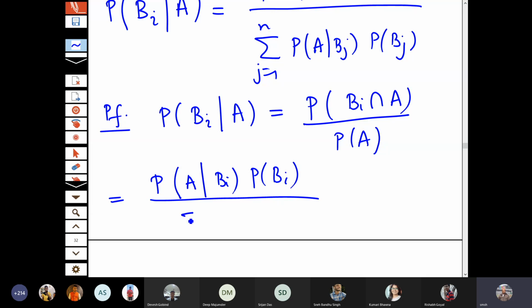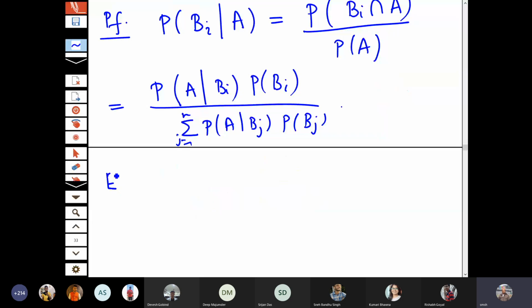And in the denominator, you apply the theorem of total probability. So the proof is just a one-line proof. Okay. However, the consequences of this Bayes theorem are very profound.